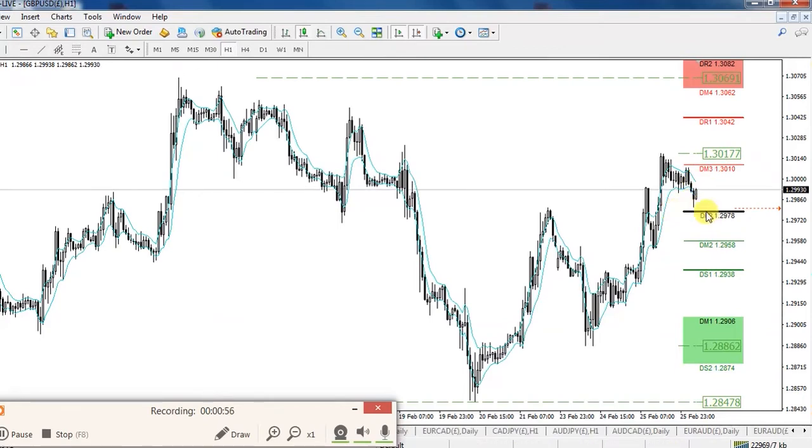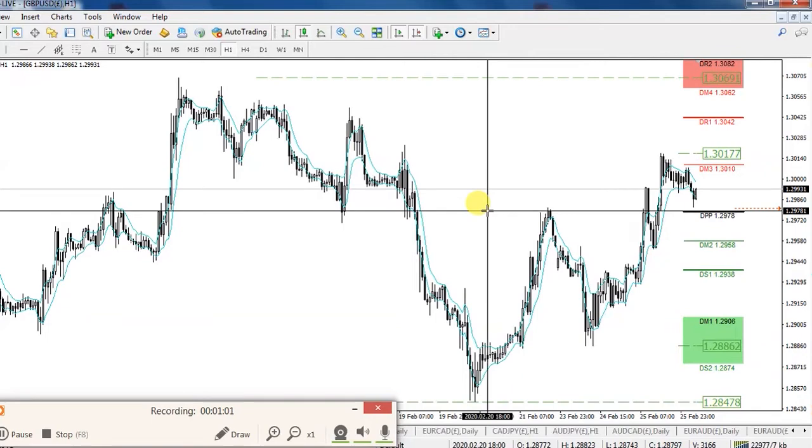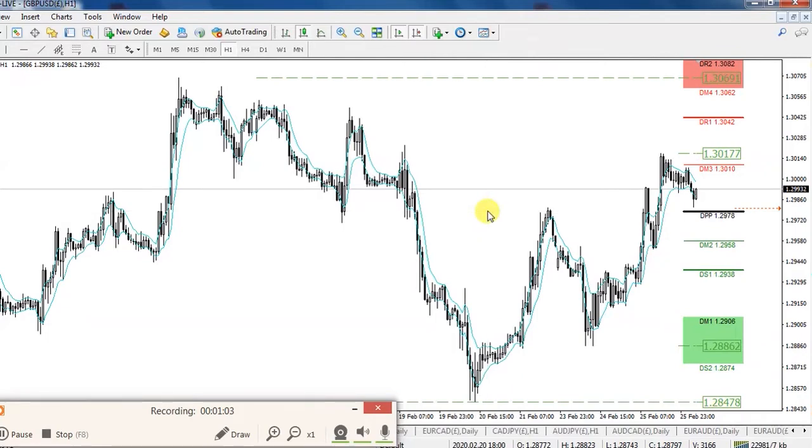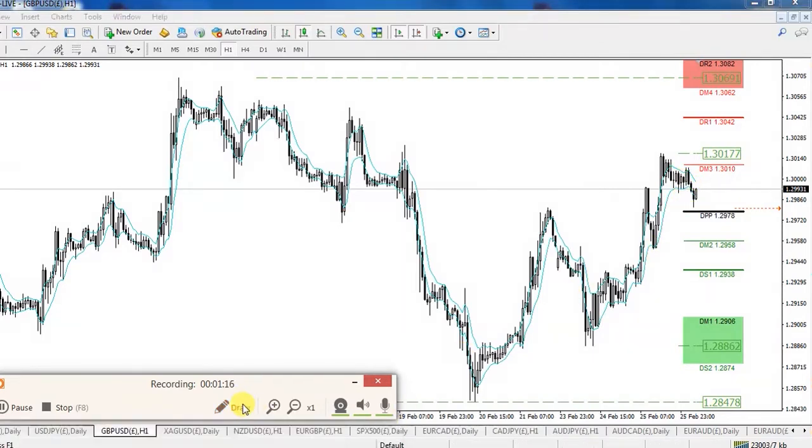If it comes down to around where this daily pivot is, so roughly about 129.7880 area, which is also these lows here. So I'm looking for that. Earlier it kind of blipped down, but it did not really give me the entry to get on to the long side, so it just started to go up.